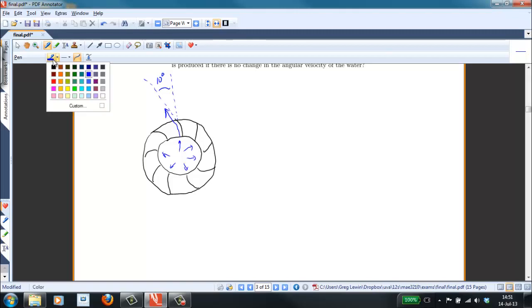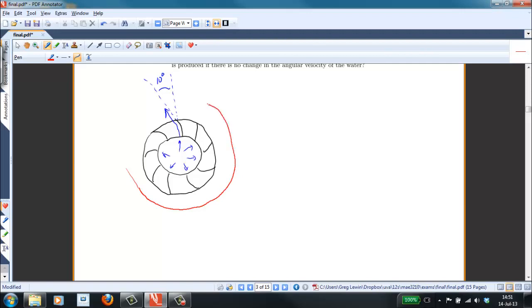After going through the stator, it then enters the rotor, which I'm going to draw in red. And of course the rotor is rotating. I'm not doing the greatest job of drawing it here, but it's just the same size as the stator right here. And it's turning with some angular velocity, which I believe I said was 120 rotations per minute.